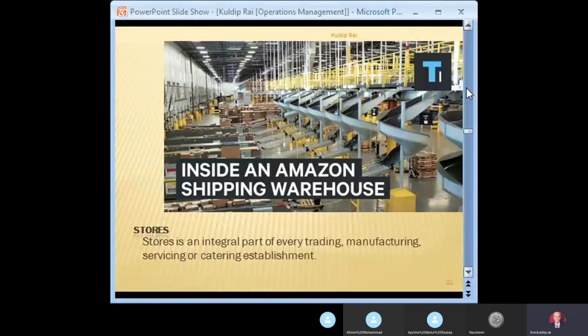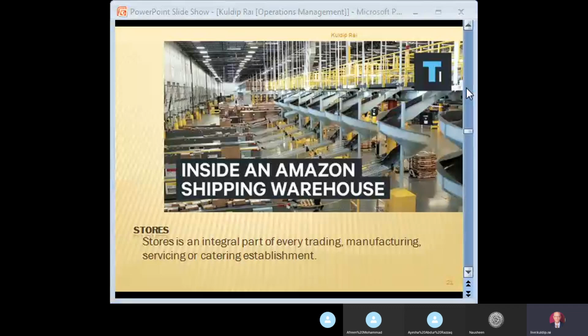Manufacturing. No manufacturing is possible without a store. Servicing. Yes, even a servicing organization has to keep spare parts, consumables, and so on. They also need a store, and even a catering establishment. Think of a catering establishment like Paradise Restaurant.